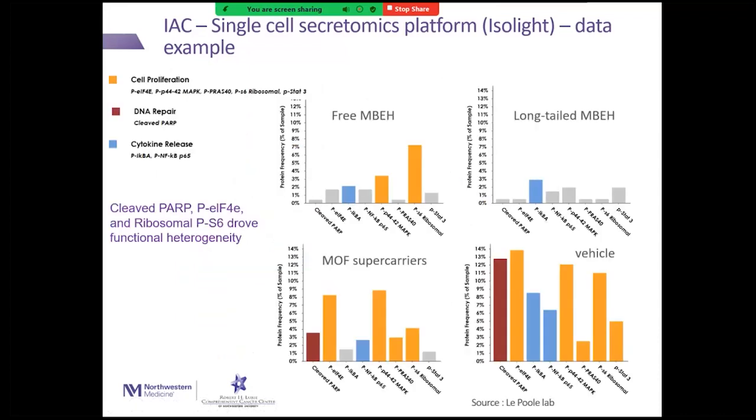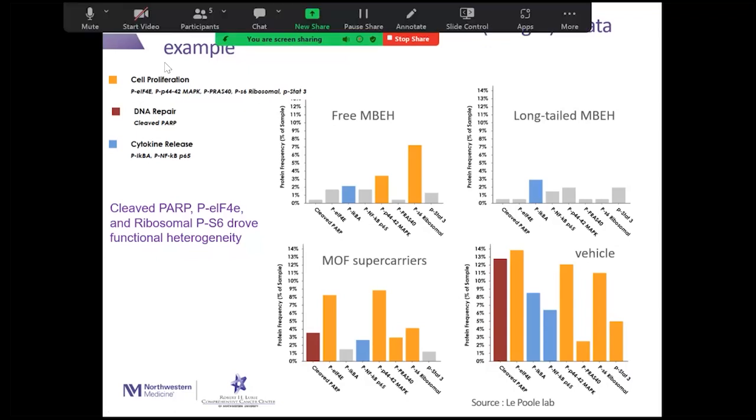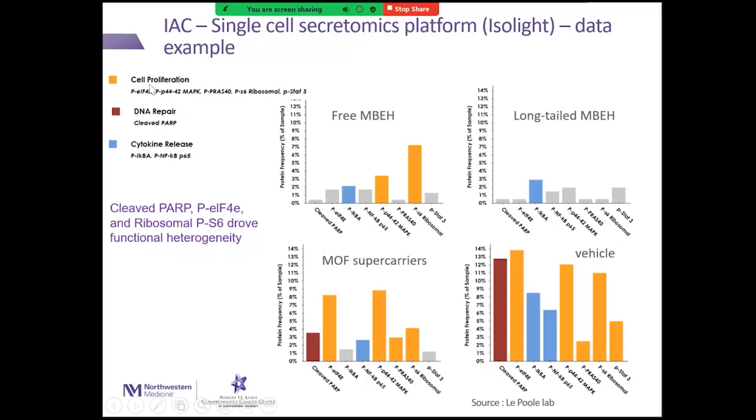The platform is also able to measure intracellular proteins. So this is an example where these are the four groups from a sample where the M14 melanoma samples were treated with a nanoparticle. So these were the 4 groups, and you can see that the different kinds of proteins that were measured fell into the categories of cell proliferation, DNA repair, or cytokine release.